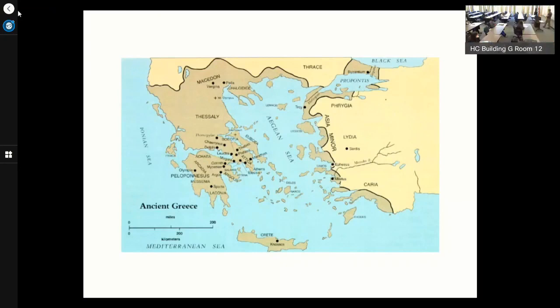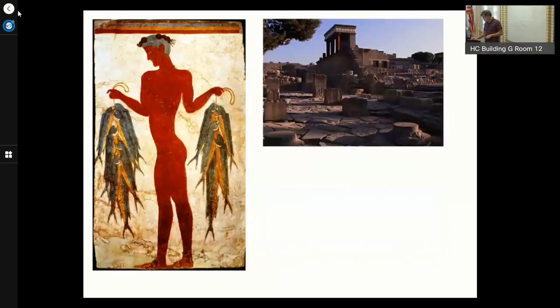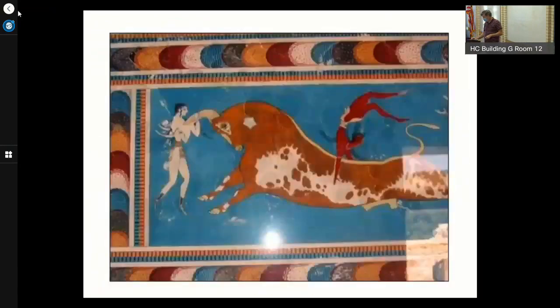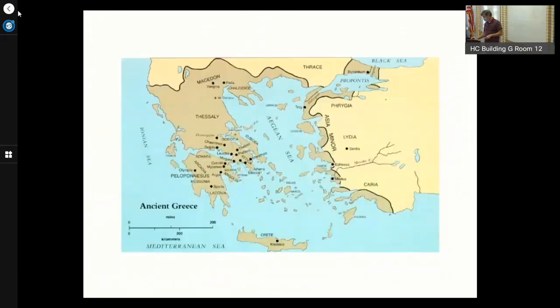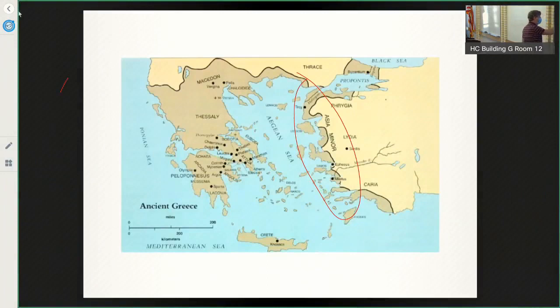Early on, not much of a problem, but at some point, the younger generations are having a hard time making it. And so when you look at the Mediterranean world, and admittedly, I do need a better map, there are other lands to the east and then over here to the west.